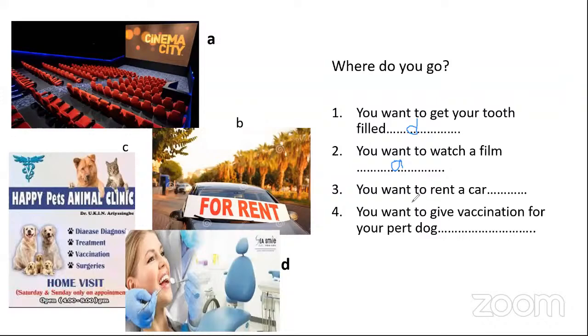You want to rent a car. I think it is very easy for you. If you want to rent a car, what is the picture that is matched for this one? Write down this in your writing books and write the answer.